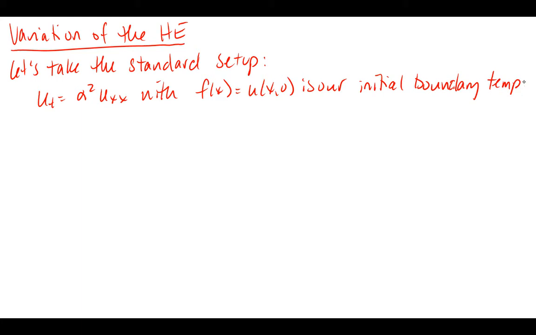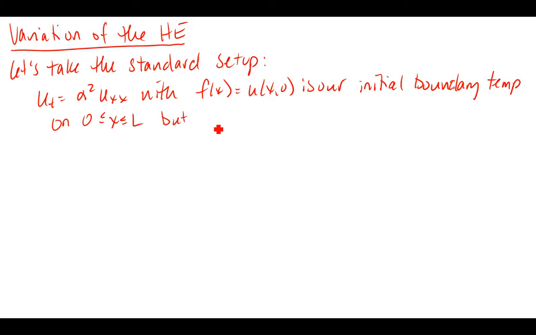Okay, so that's our temperature when the experiment starts, and that may be whatever it may be. And of course we're doing this still on x between 0 and L. So we'll still say the bar's of length L. So all that's the same, nothing's different.